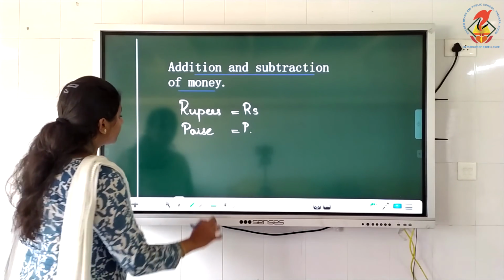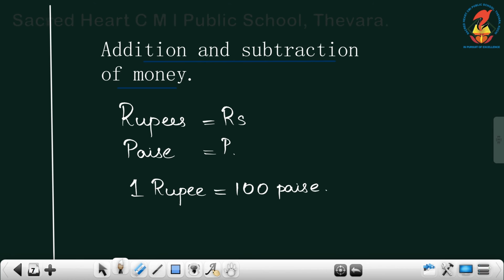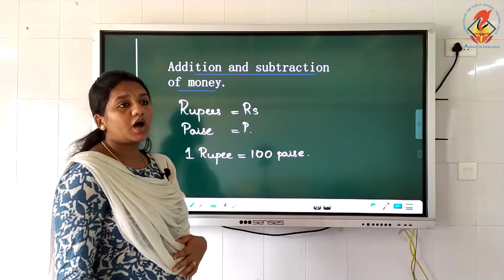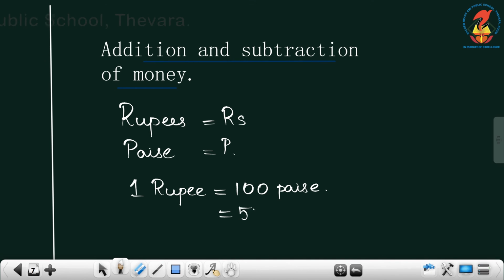So 1 rupee. How many paisa? 100 paisa. Clear? So 100 paisa, how can we write in 50 paisa coins? 2 50 paisa coins make 1 rupee.